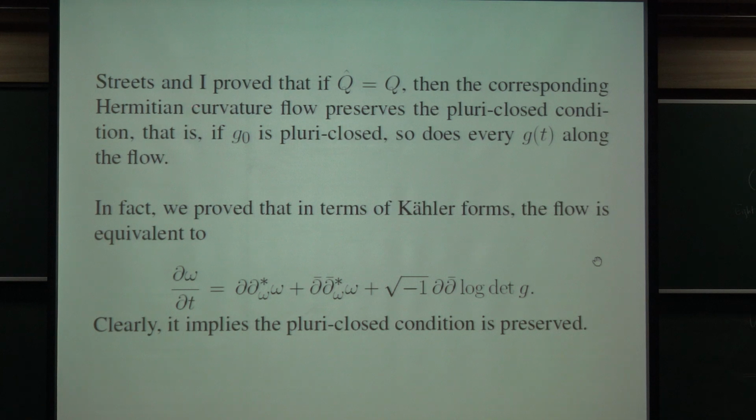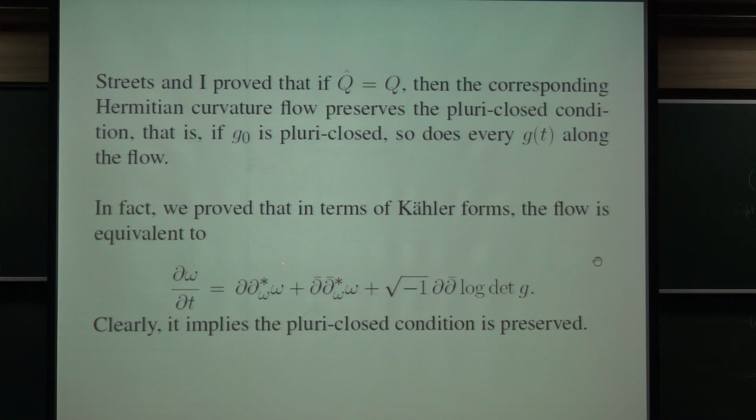So then we proved that for the pluriclosed case, the corresponding Hermitian curvature flow preserves the pluriclosed condition. So namely, it preserves this dd bar closed condition. Okay, and in fact, I didn't follow the canonical order here.